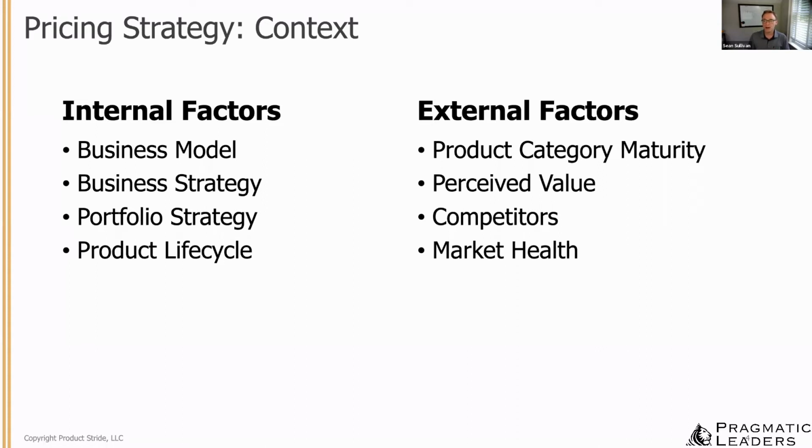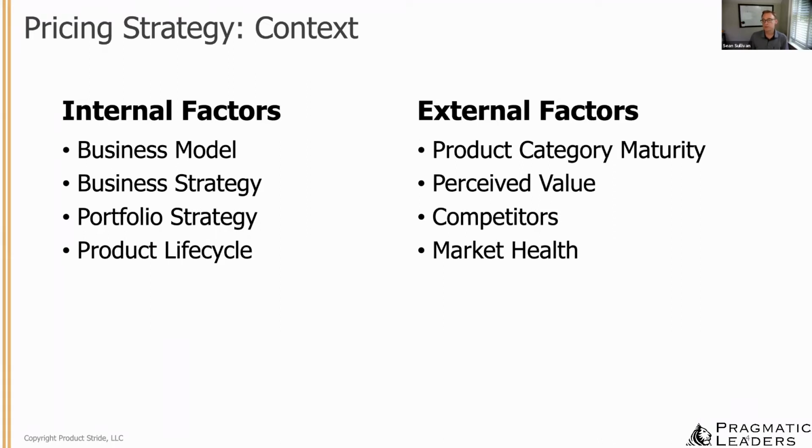And depending on how mature that category is, you're going to have some different competitive pressures. You're going to have different expectations by your customers for what the features are going to be within that product. And as I said before, pricing is a feature. So if you have a very mature product category that you're operating in, there's going to be a lot higher pre-existing expectations for what the pricing is going to be like for any new customers that you engage with.